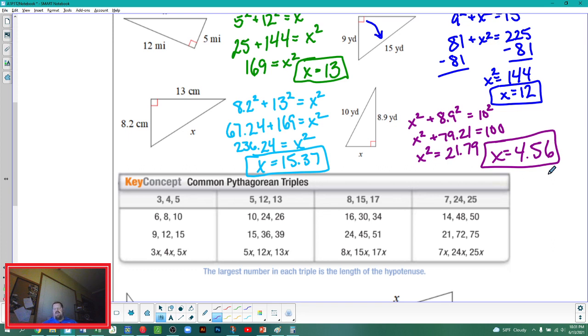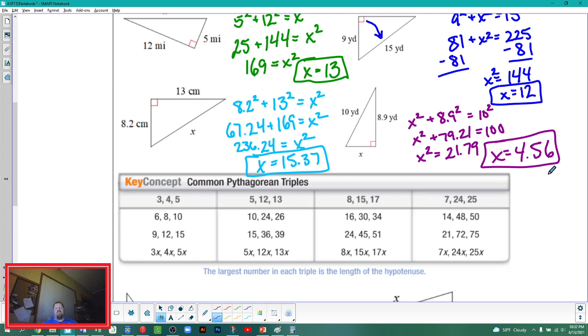So if I'm looking at a triangle and it has a length of 3 and another length of 4, I know that the third side is 5, if it's a right triangle. So kind of both sides going on in each one of those.